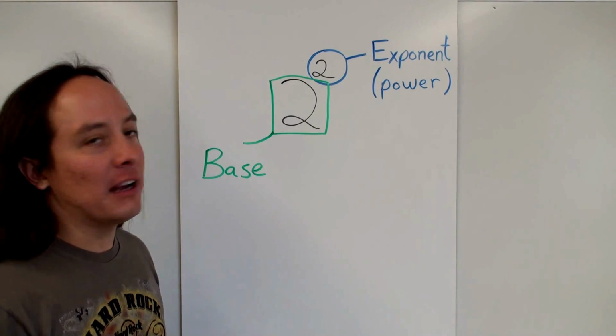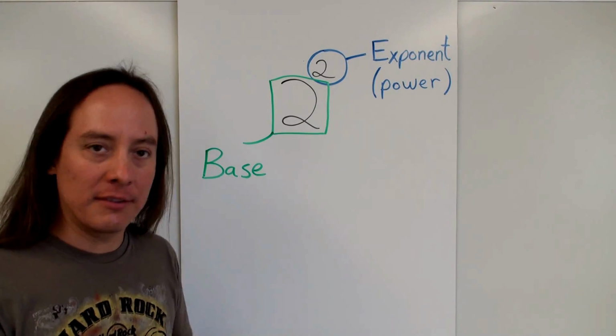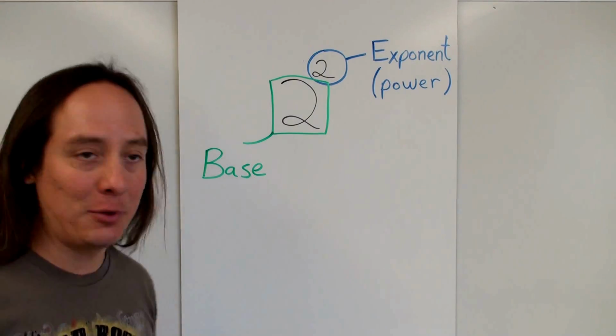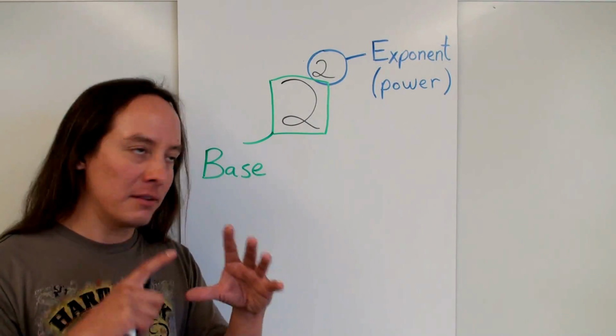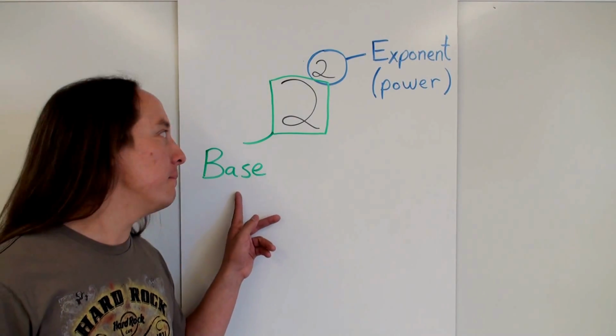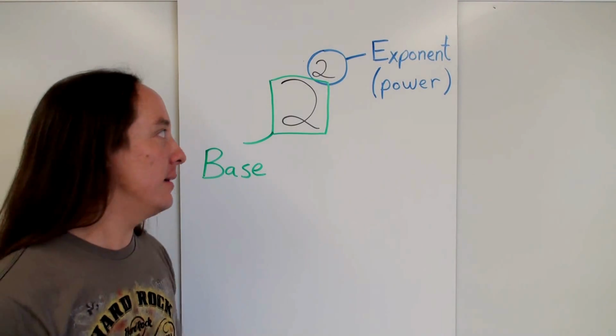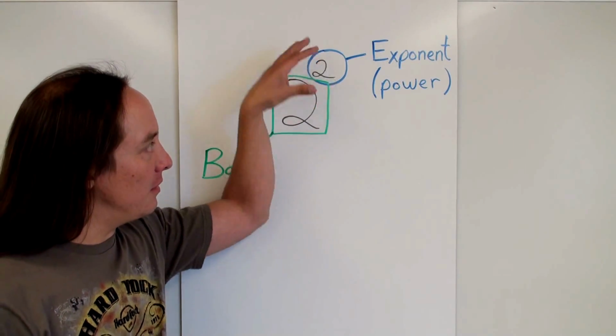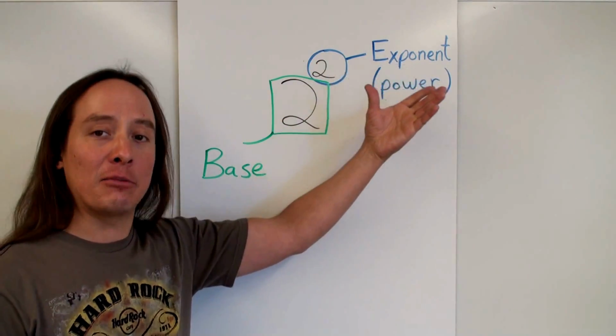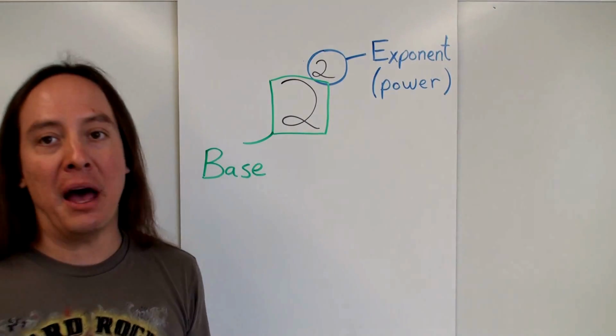Okay, so let's talk about the parts of what an exponent looks like. The number that's written bigger is called the base. All right, bigger number is called the base. The small number up above in the corner to the side of the number, that's the exponent, or we sometimes call that the power.